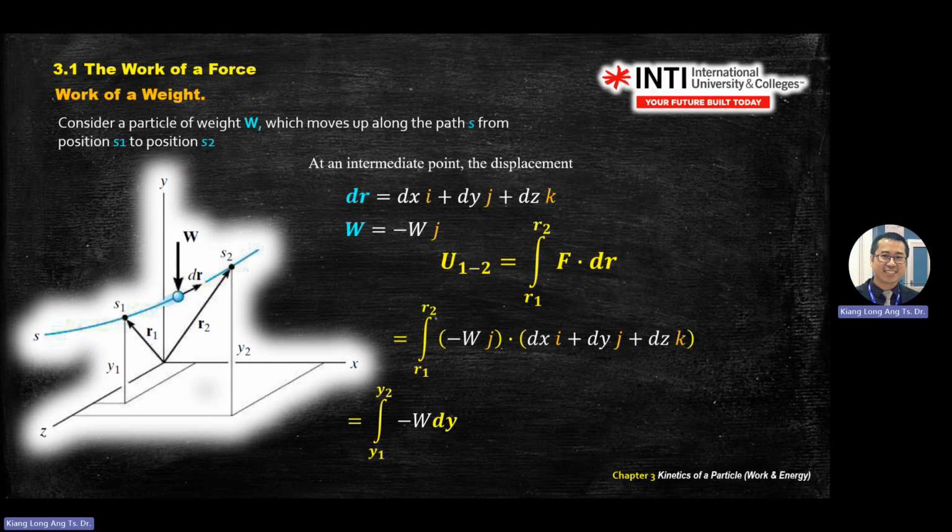And so on. j dot i, you get 0. j dot j, you get 1. So that's why you get 1 W here. j dot k, you get 0.